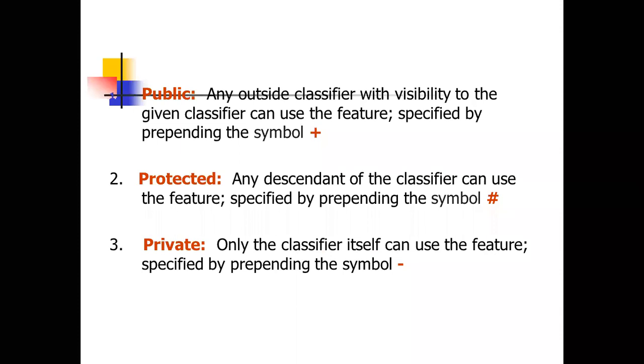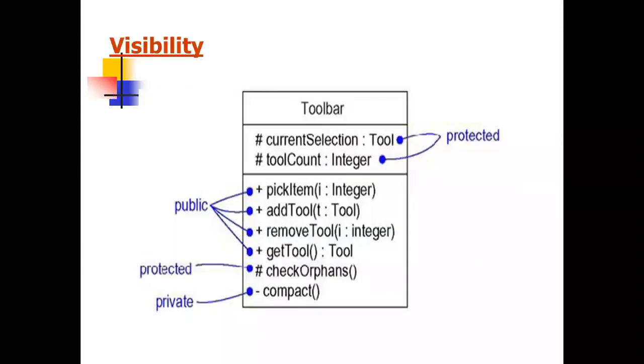Then private is denoted with a minus symbol. Here you can see examples of visibilities. The toolbar is the class, these are the attributes of that class, and these are the operations. Here you can see the attribute current selection preceded with a hash sign, and hash means protected. We can access this member only in an inherited class.